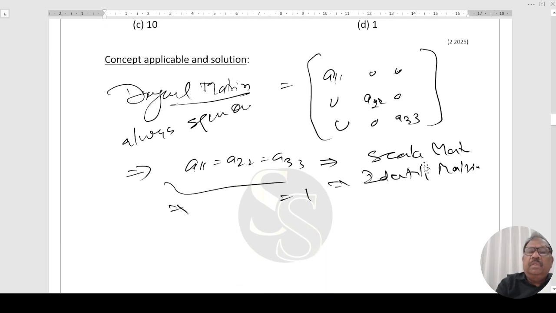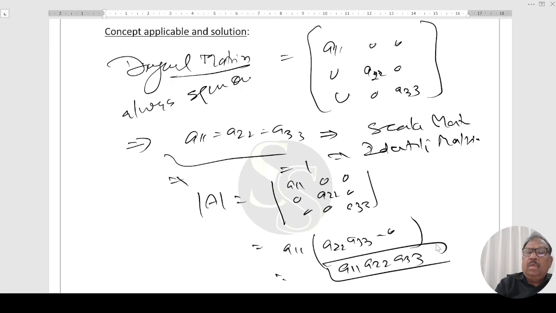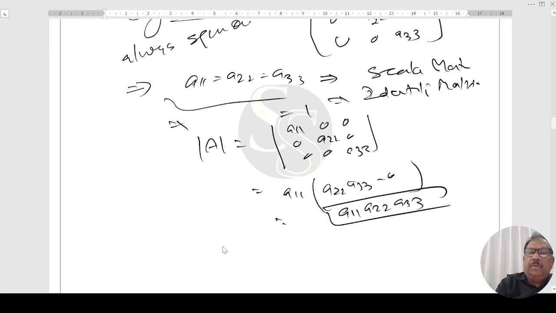Now, if we consider the determinant of A, determinant A will be equal to the determinant with rows A11 0 0, 0 A22 0, 0 0 A33. We expand it through the first row, first column: A11 into A22 into A33 minus 0, which is A11 A22 A33, that is, the product of the diagonal elements.